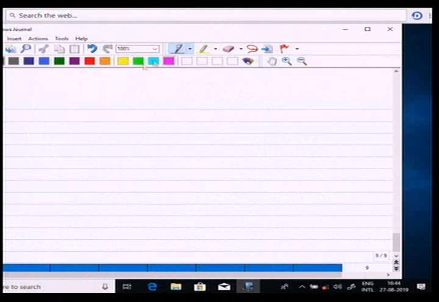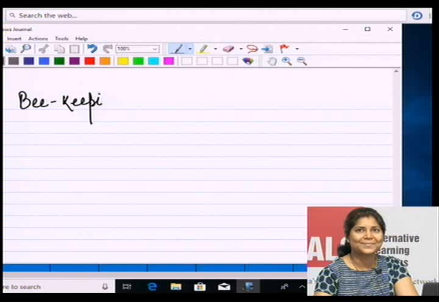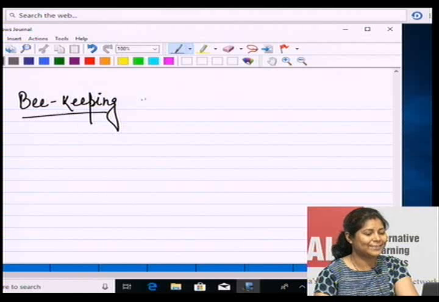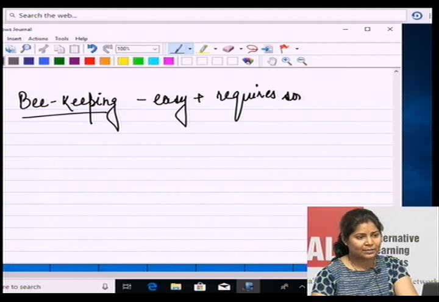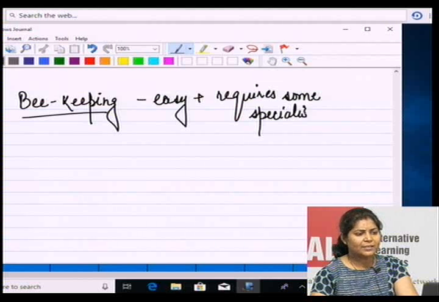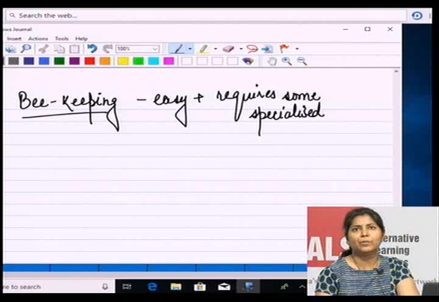So now I'm moving ahead to beekeeping. So what is the beekeeping secret? I'm going to share the whole secret with you. You can start this industry at the earliest. Obviously, after doing your class 12, you can think of it. So this is easy. And it requires some specialized knowledge. Obviously, since it is a cottage industry, you have much support from the government.